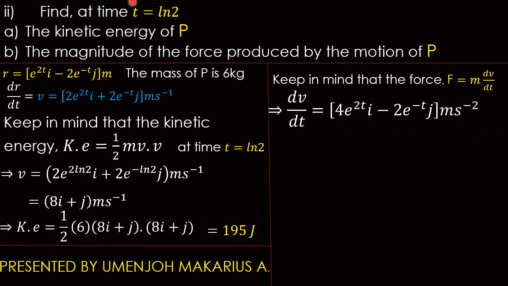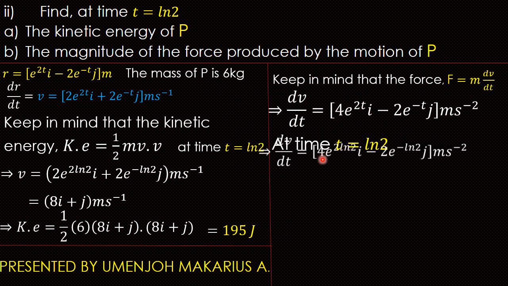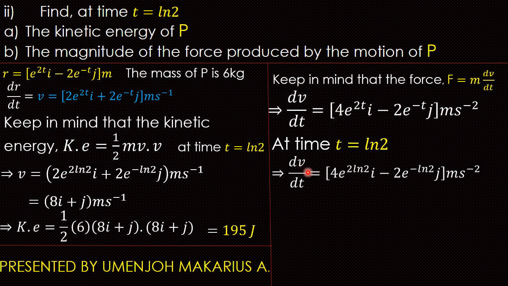So now, guys, when the time t is equal to ln 2, we are going to have dv by dt equal to plugging ln 2 in everywhere, in a similar manner to how we simplified here. If we simplify so well, we are going to have our dv by dt be the same as 16i minus j. Good. 16i minus j. So that's what we have.